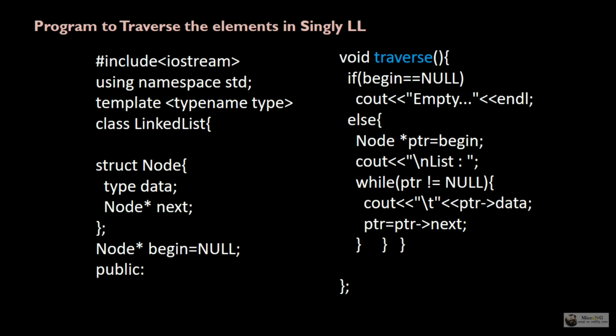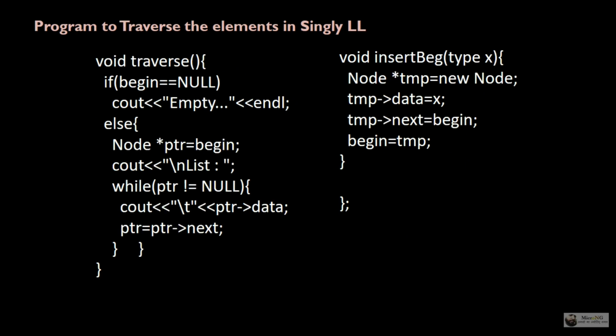It can be insertion at the beginning, insertion at the end, or insertion at a particular position. In this case, we have included insertBegin, which can be used to insert a node at the beginning of the single linked list. So at least one of the insertion methods should be present in the class.